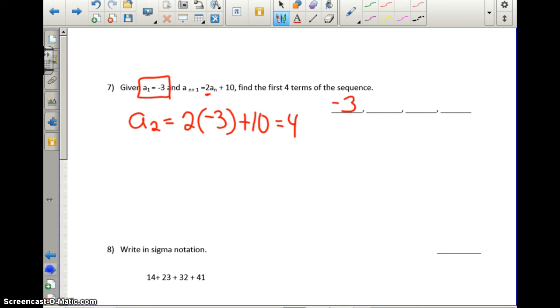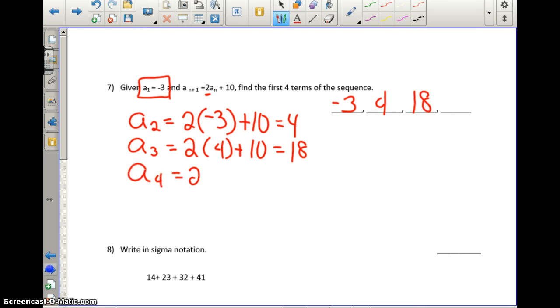That's going to give me 4. My third term is going to come from 2 times the 4 plus 10, which is going to make 18. And finally, my last term is going to come from 2 times 18 plus 10, which is going to make 46.